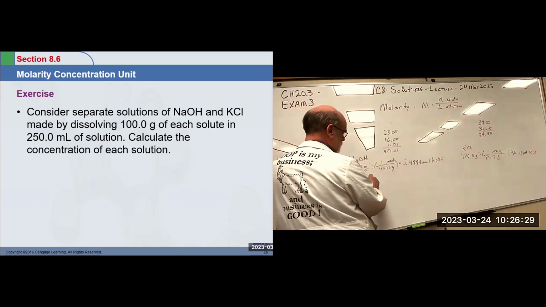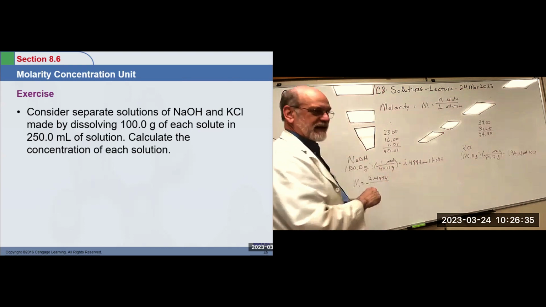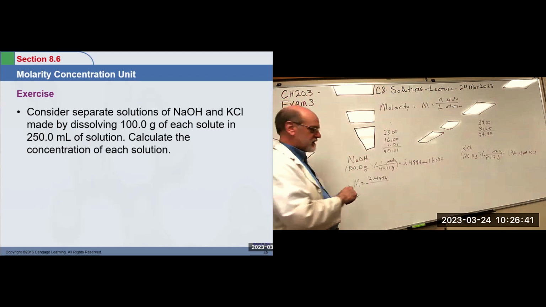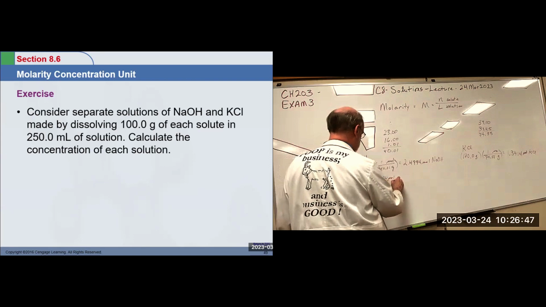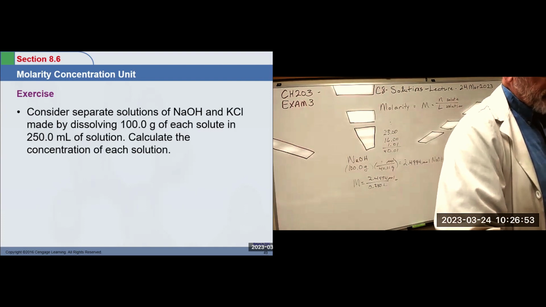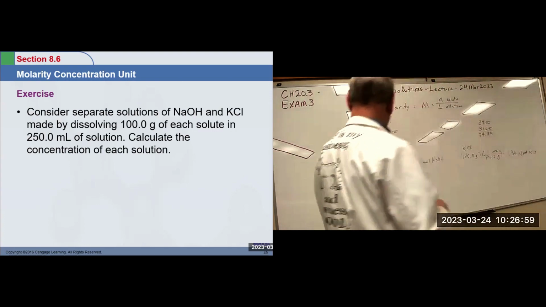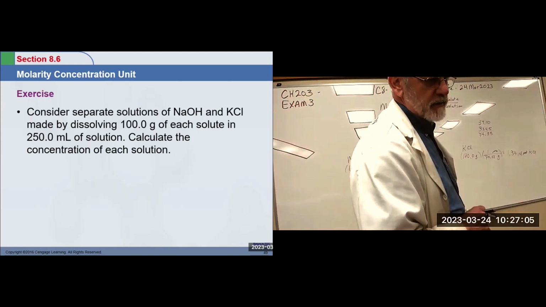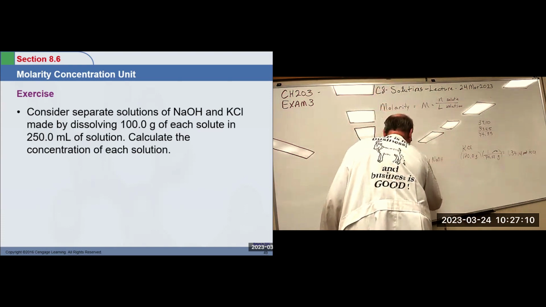Molarity equals the moles, 2.4994, divided by liters, 250 milliliters. So that's 0.25 liters, moles per liter. So 2.4994 divided by 0.25 is 9.9975. Let's round it off to 4 places: 1, 2, 3, 4. 9.998 molar.